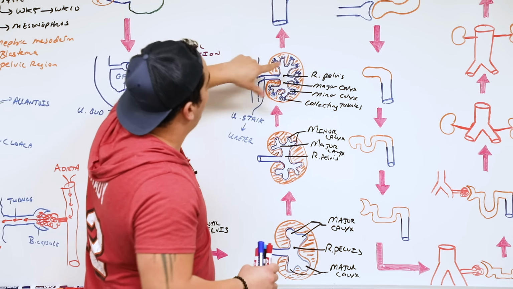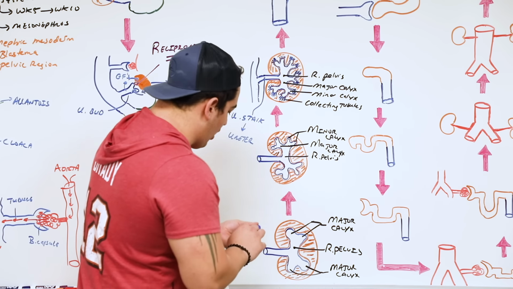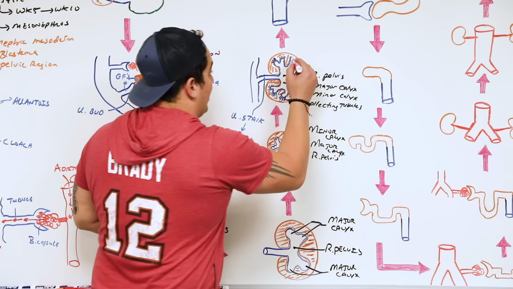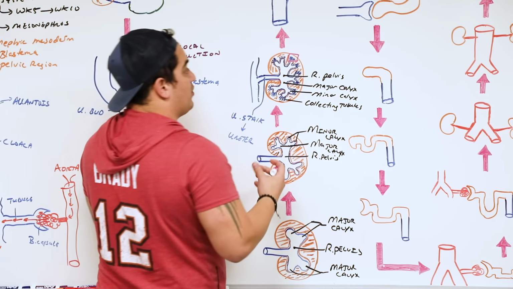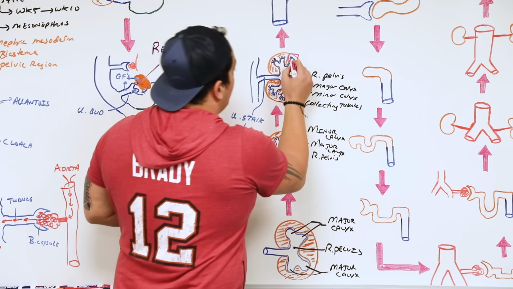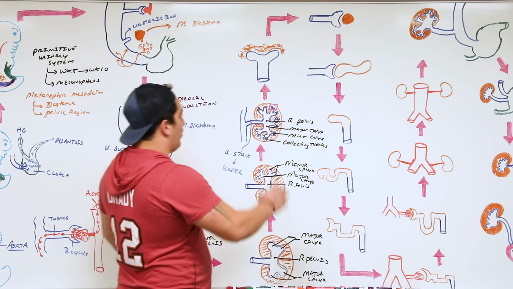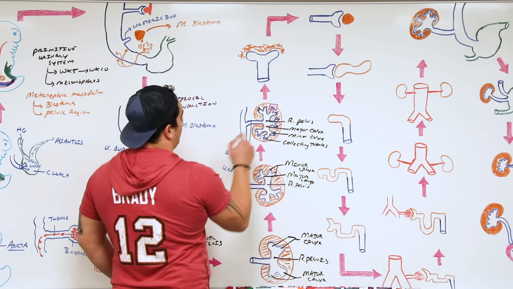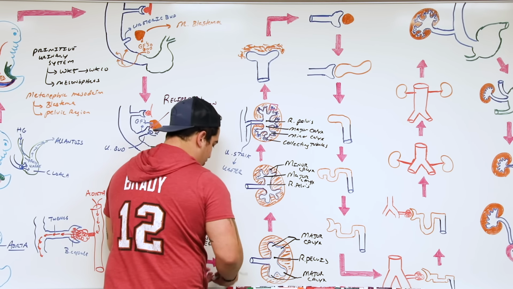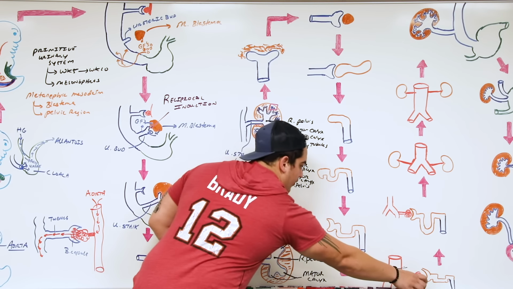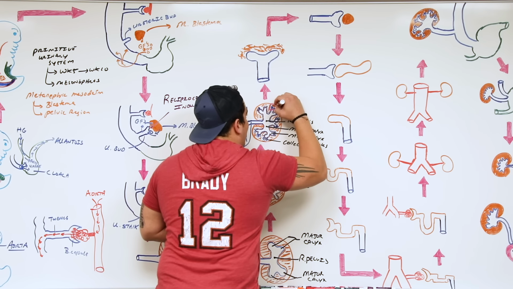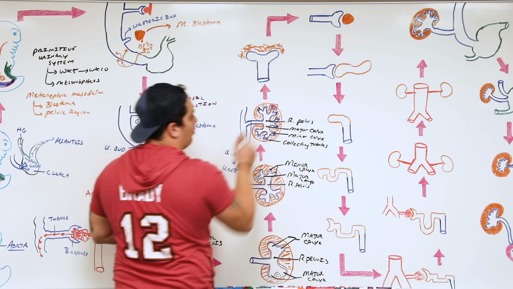All right, now let's zoom in on this next part, which is we've got to really start making our nephron, the structure that's going to help to filter and make urine. So we're going to zoom in on this portion now and look at it. We're going to zoom in on these collecting tubules and look at two portions: the collecting tubule, and then all of this metanephric mesoderm that's around it.